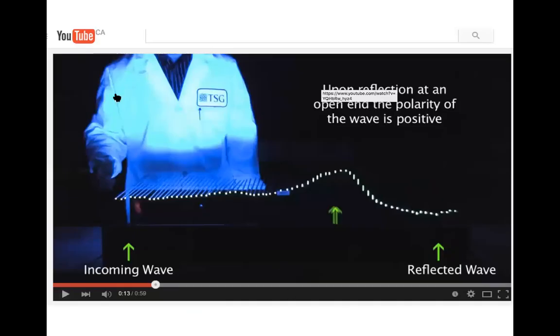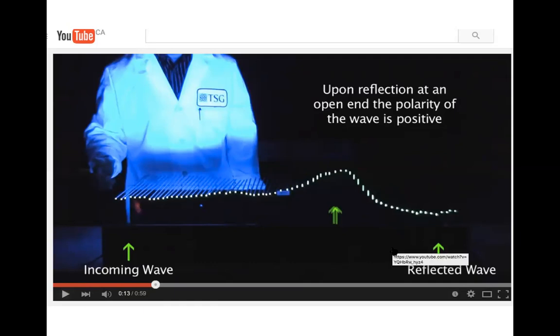So there's a really helpful YouTube video. I cannot play someone else's YouTube video within my YouTube video, but I highly recommend this video that they do with glow in the dark sticks, so that you can really see that when this side is held fixed, there is inversion and the crest that is sent this way turns into a trough, but when it is not fixed, it comes back without inversion.